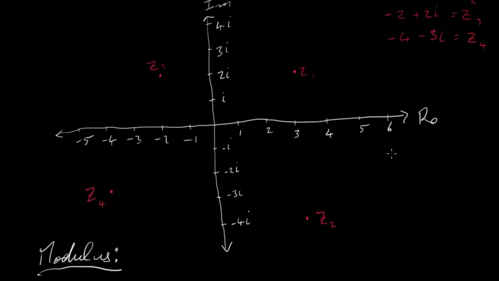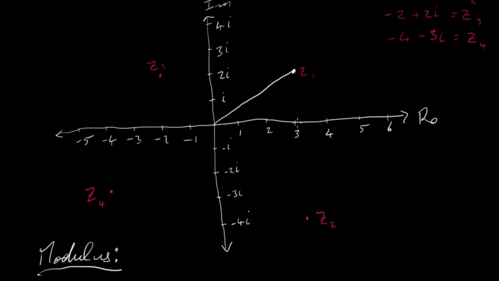Well, if you take, for example, this complex number here, the modulus of that complex number z1 is going to be the distance that complex number is from the origin, from here. So if you take that distance there, that distance there is going to be the modulus of the complex number z1.